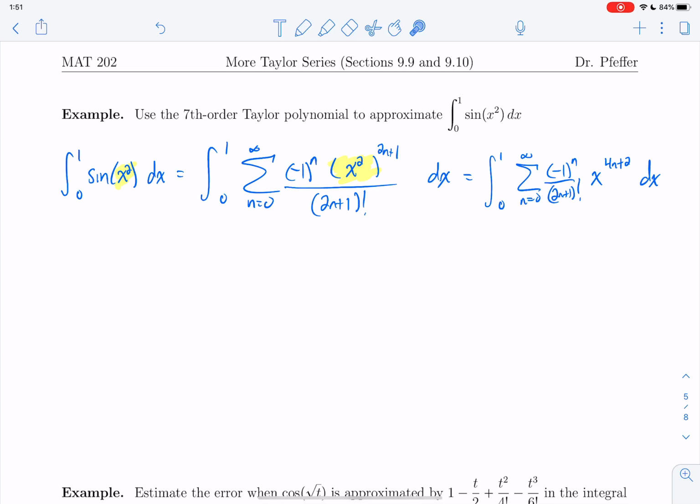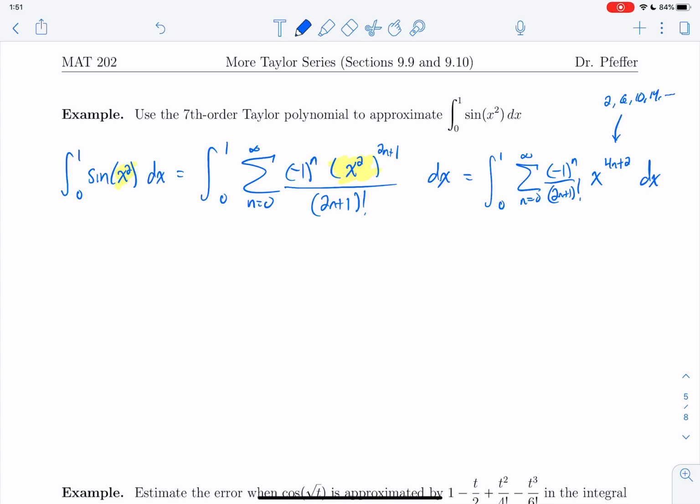When n equals 1, we get a 6. And when n equals 2, 8 plus 2 is 10. So this power right here is upticking from 2 to 6 to 10 to 14, etc.